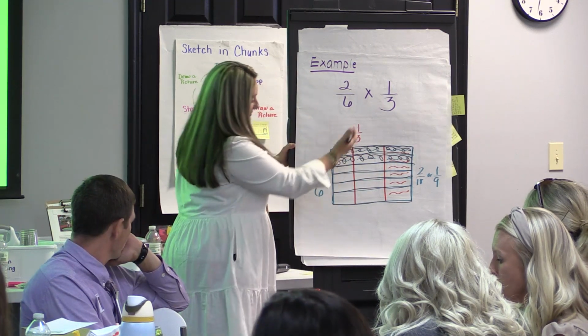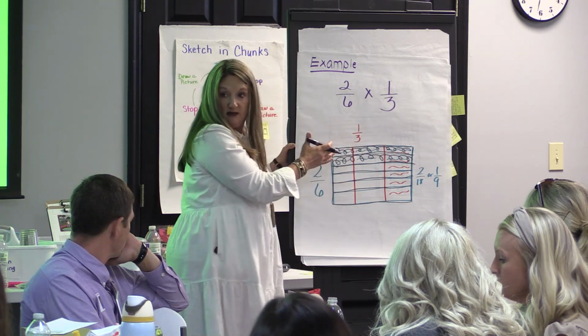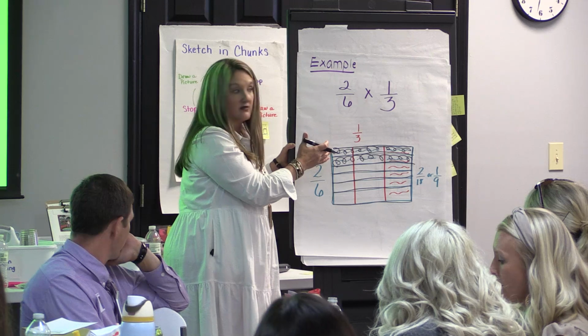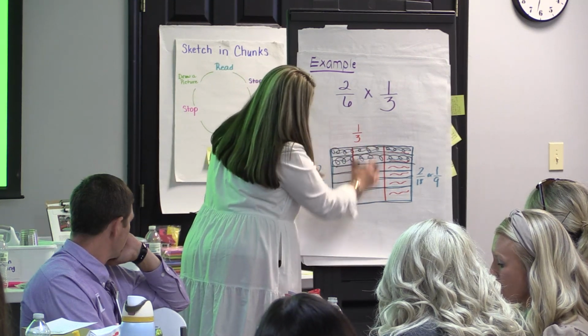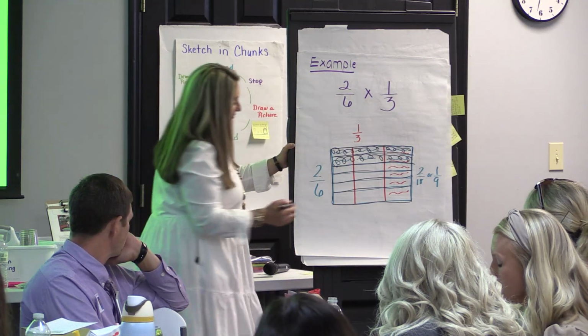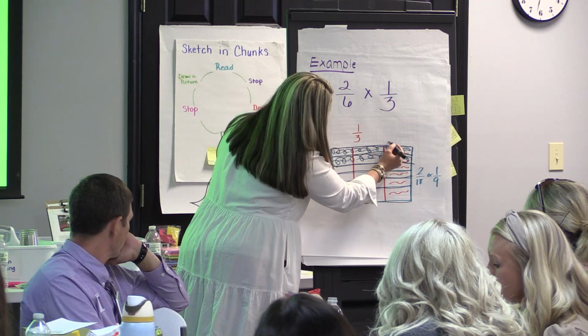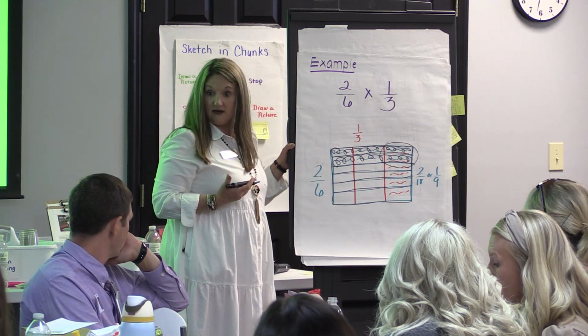Now I'm going to build 1/3. So I'm going to divide this top part into how many? 3. So this is one section, two sections, three sections, right? Now I'm looking over here, so I have this area right here that has both of them, right? That has both.